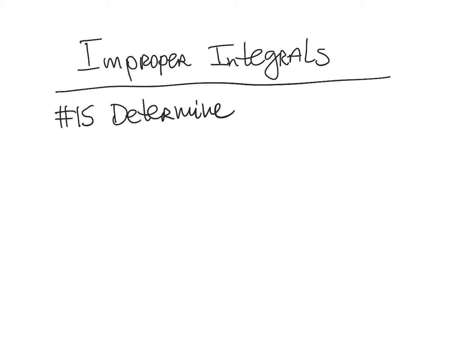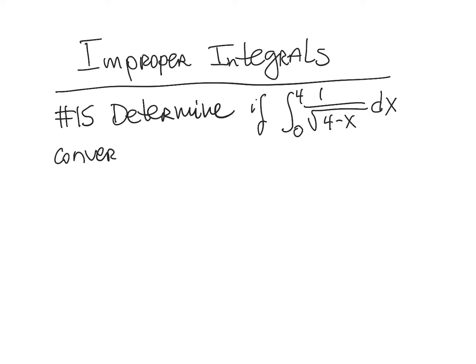Determine if this improper integral, evaluated from 0 to 4, of 1 over square root of 4 minus x, converges or diverges. Now, what makes this an improper integral?